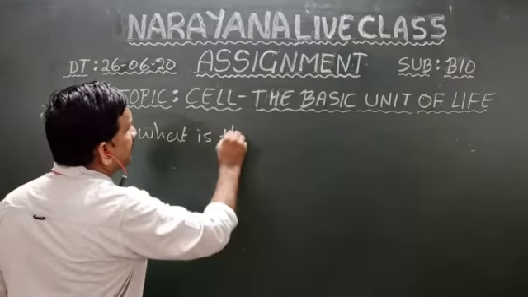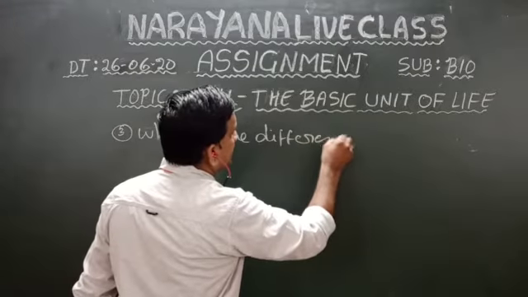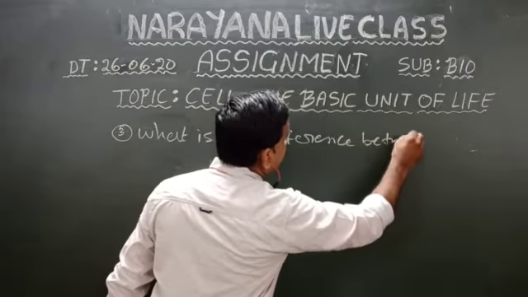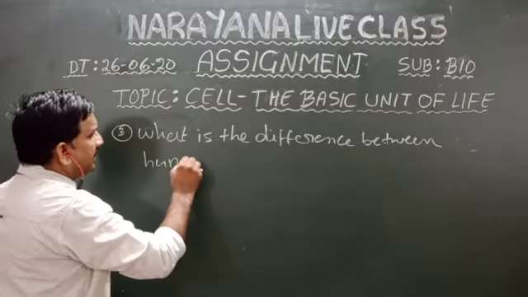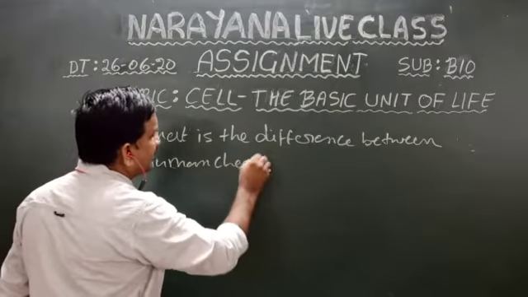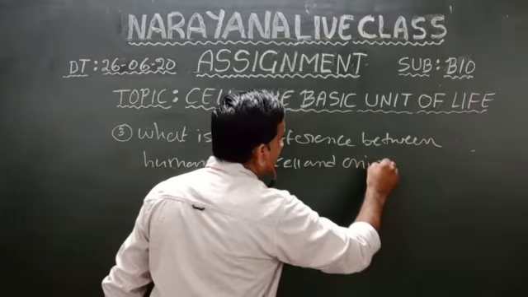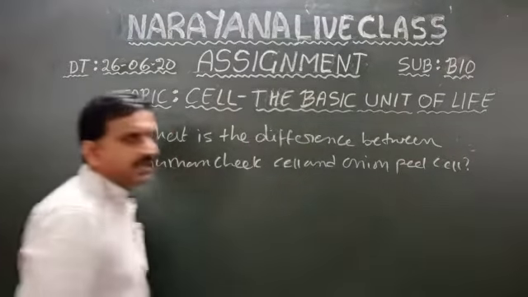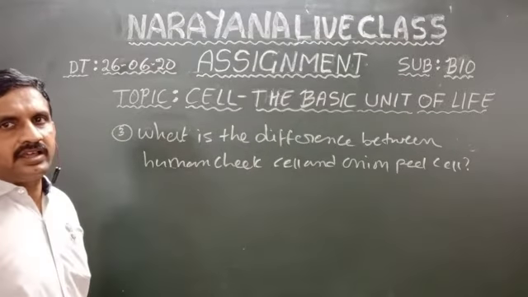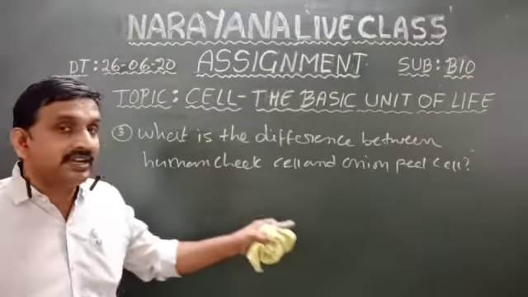Is it clear? Here we observe many differences between the onion peel cell and the human cheek cell.